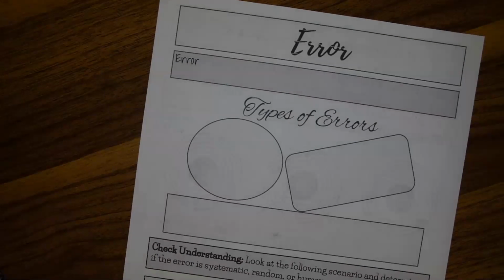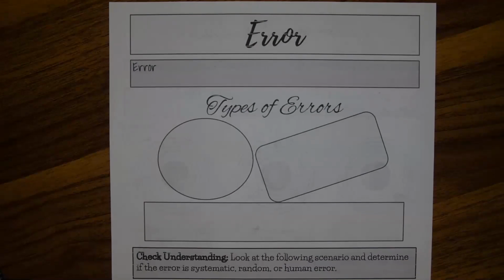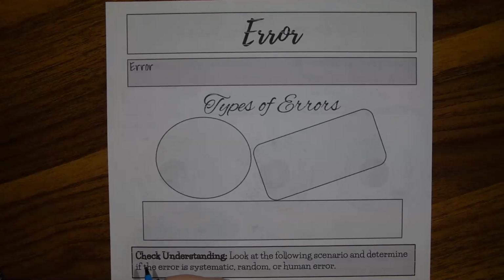So, what happens if you're like Jason? What happens if a person who's working in the chemistry field or any other science field is like Jason's? Well, he experiences a great amount of error.